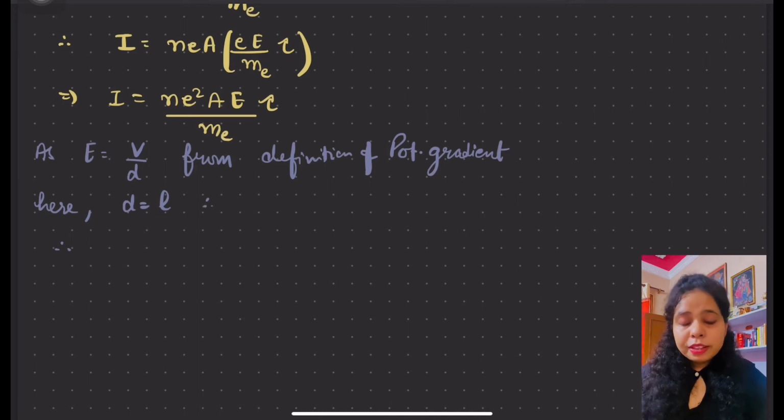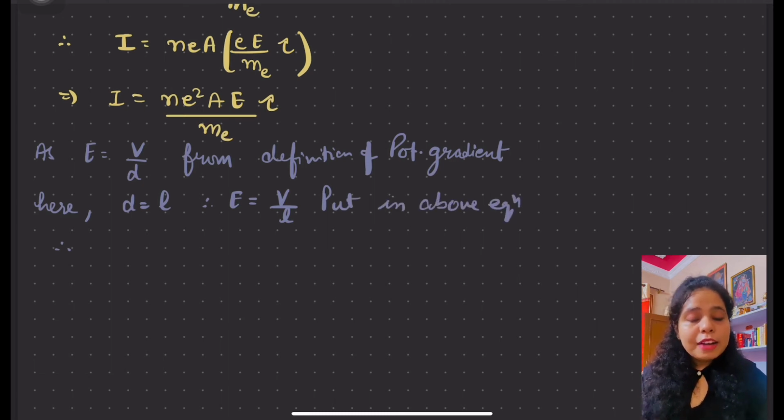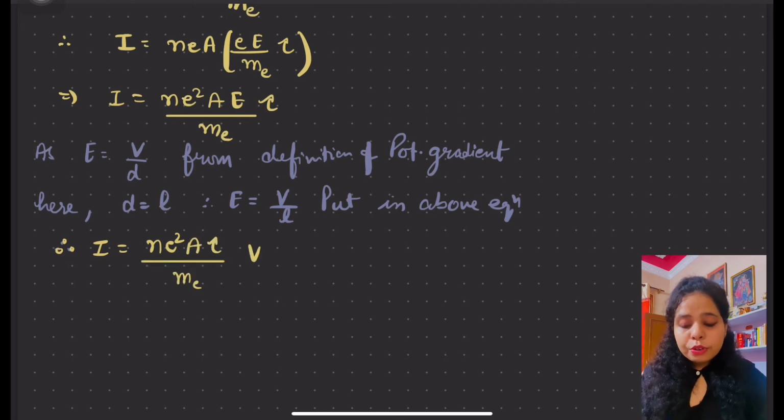Now in the case of a metallic conductor we have taken the length of the conductor to be L, therefore we will use E = V upon L and put it in the equation I = ne squared A E upon me into relaxation time. Therefore we have I = ne squared A into relaxation time divided by me, and instead of capital E I have substituted V upon L. This expression needs to be modified once again.